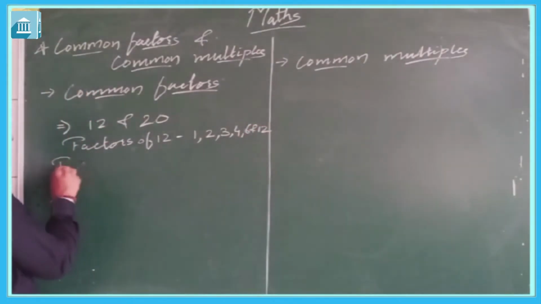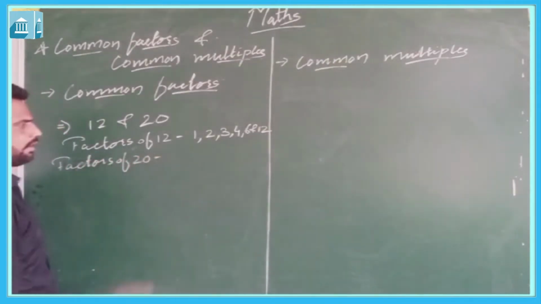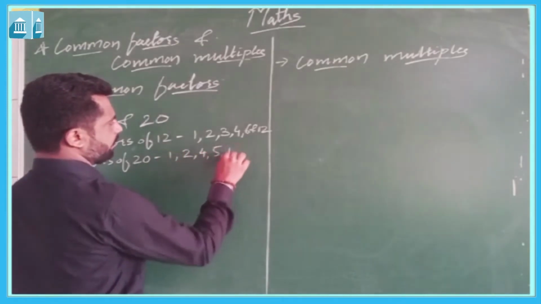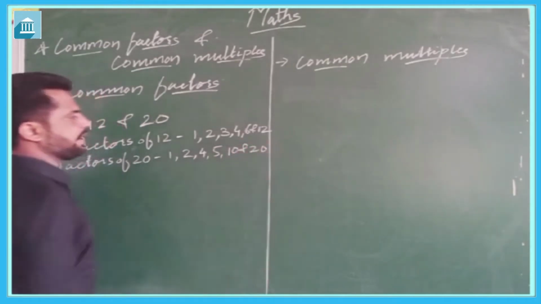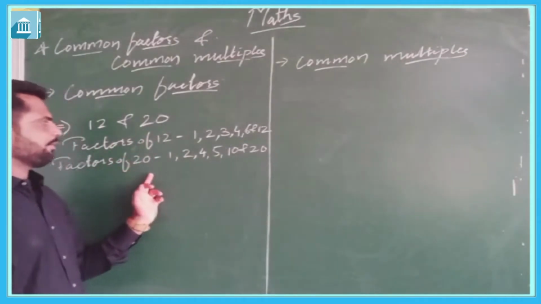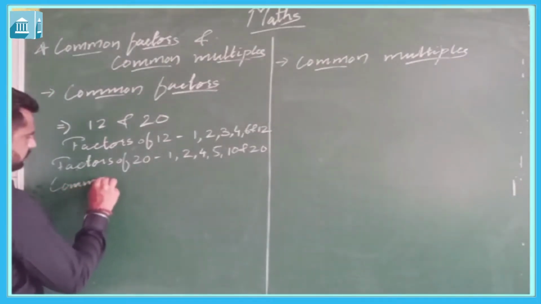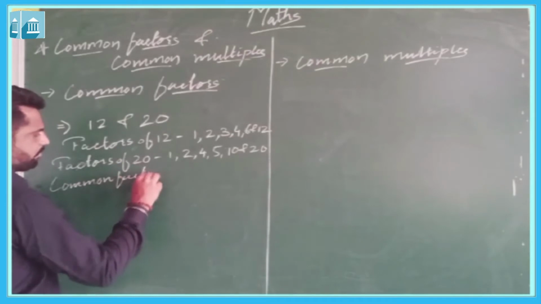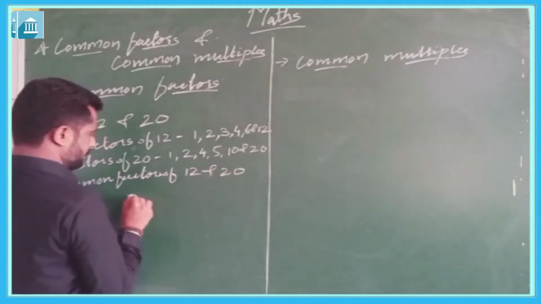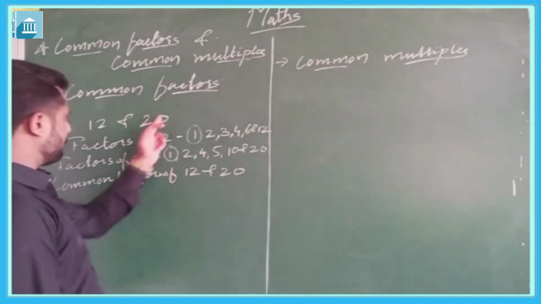Now same way factors of 20 are 1, 2, 4, 5, 10 and 20. Now here are both the factors of 12 and factors of 20. Now we have to find out common factors of 12 and 20. So 1 is common in both 12 and 20.